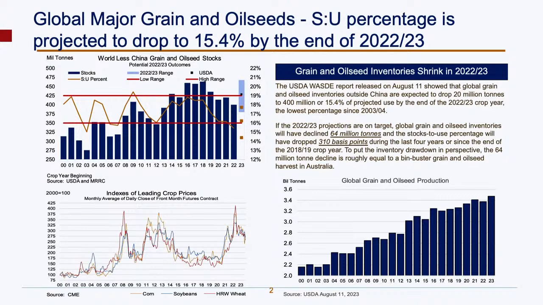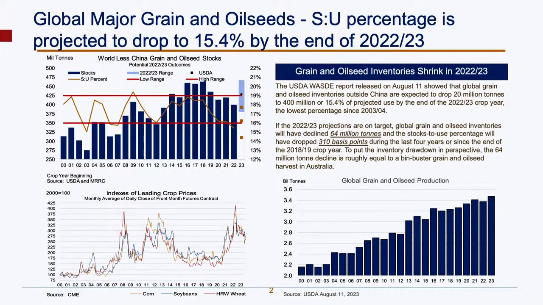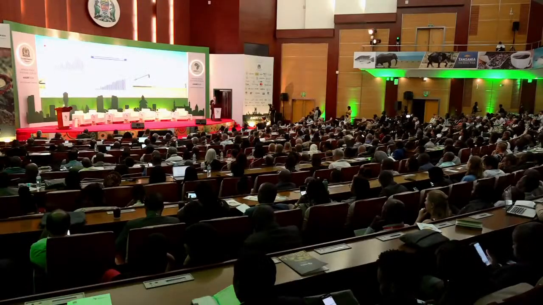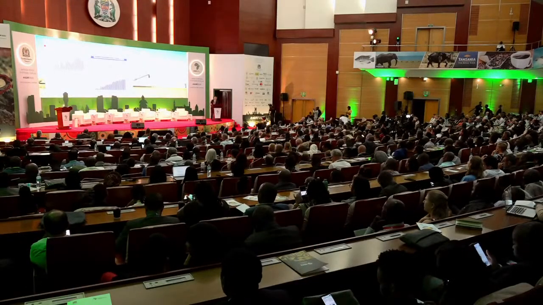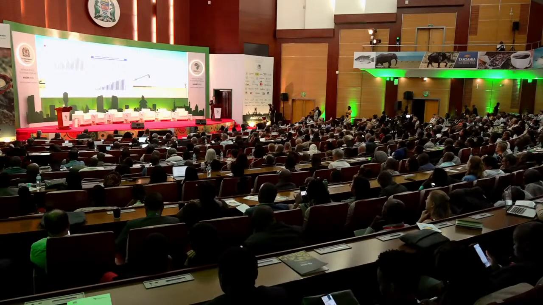What you'll see is those 2 red bands, which represent 2 ranges in what global agriculture trades in terms of the stock-to-use ratio. That gold line is the percentage of inventory we have left at the end of the year on all major grains and oilseeds globally. When it gets up to 19%, suddenly that's a surplus.